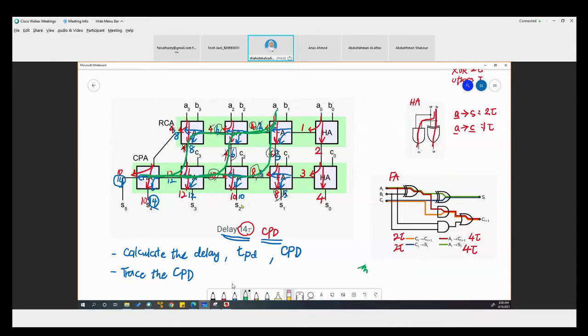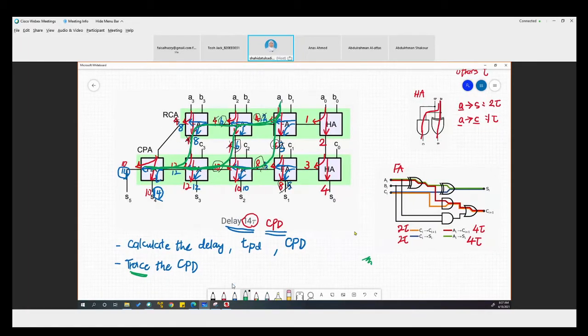So there are 3 paths. If you were asked to trace CPD, then you have 3 paths to trace.